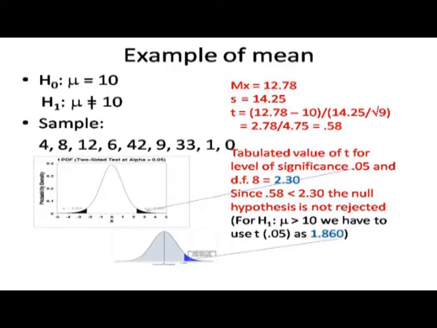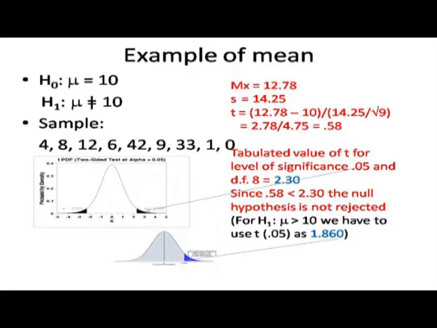However, for degrees of freedom 8, the value beyond which 5% area lies is 2.30. Since 0.58, your calculated value of t, is less than the tabulated value of t, 2.30, the null hypothesis is not rejected.